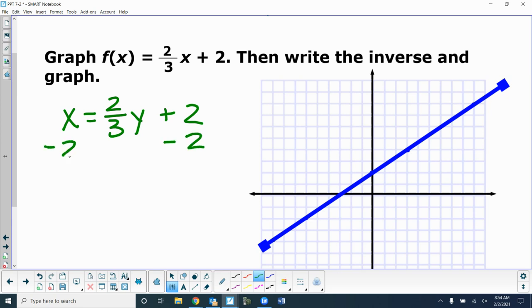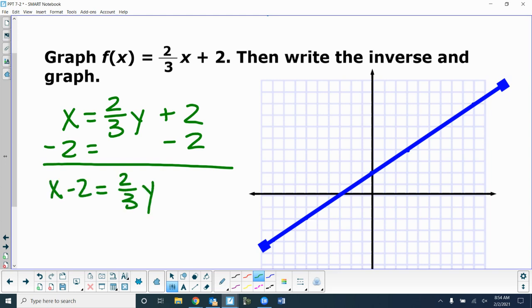Subtract. So I got x minus 2. How do we get rid of fractions, move them to the other side? Multiply by the reciprocal, multiply by 3/2. Come on, you guys know this. Rules are what you do to one side, do to the other, right?